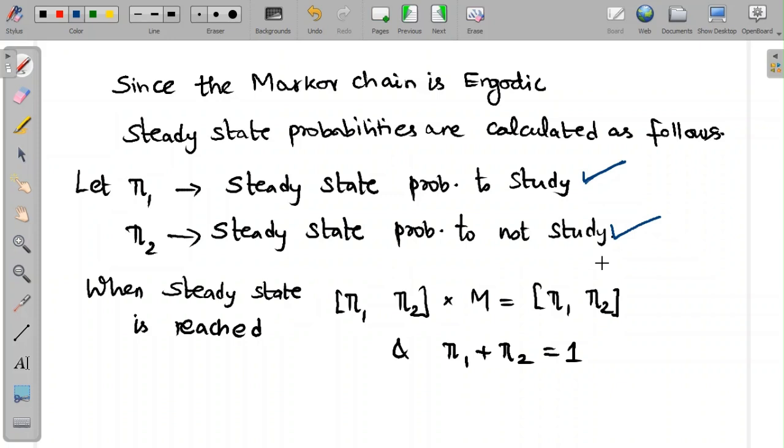When the steady state is reached, phi 1, phi 2 in product with M will return phi 1, phi 2. The transition will not have any effect on the probability. In addition, the sum of the two probabilities will always be 1 because there are only two chances and they are exhaustive and exclusive.